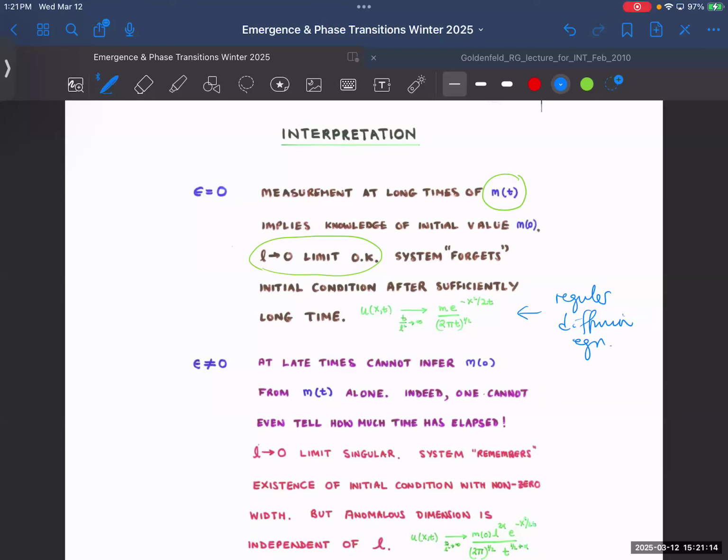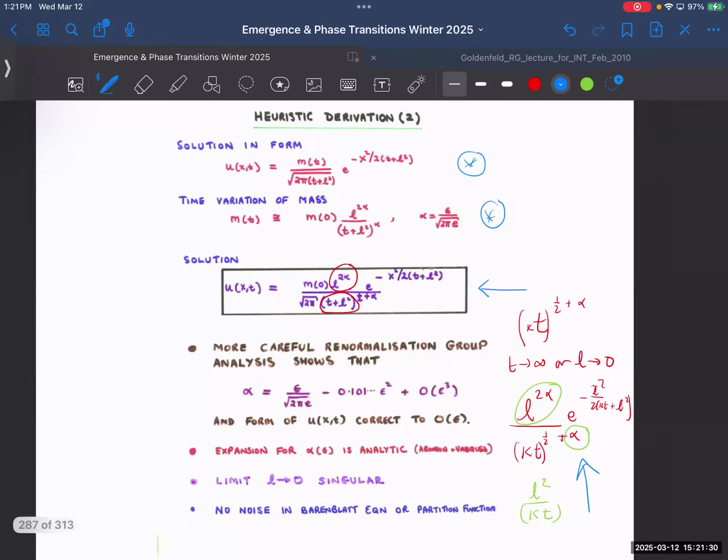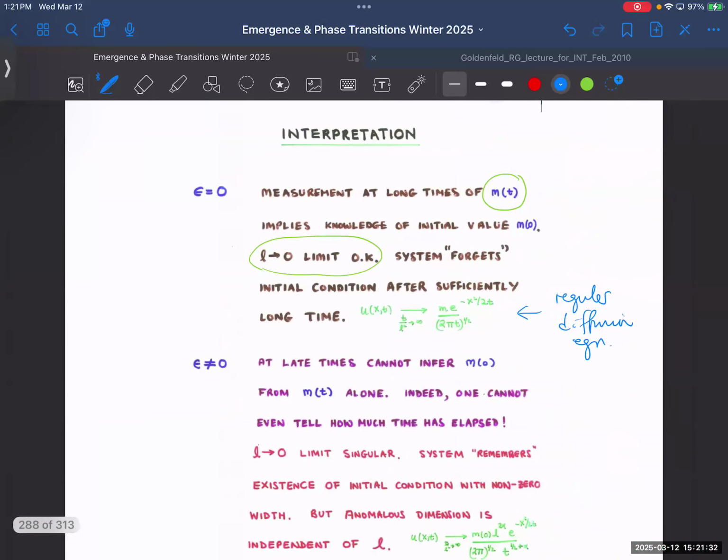Now, when epsilon is non-zero, so this is now the Barenblatt equation, the solution at long times looks like this. And at long times, it always depends on the width of the initial condition, however big time is. So what that means is that you cannot infer the mass of the initial distribution by just measuring it at late times.